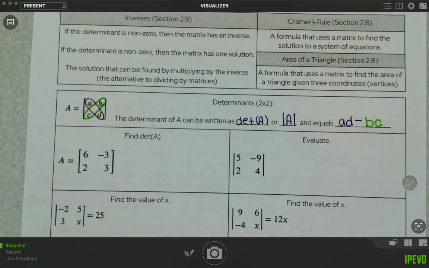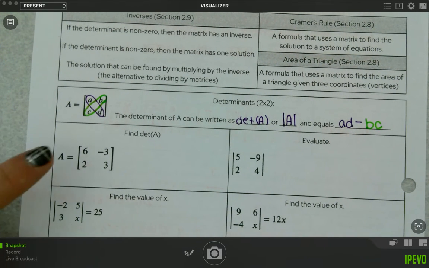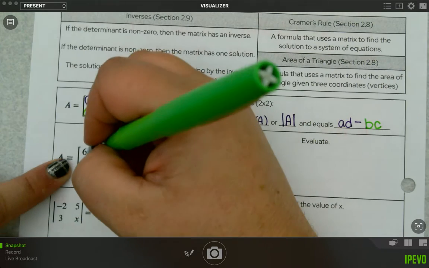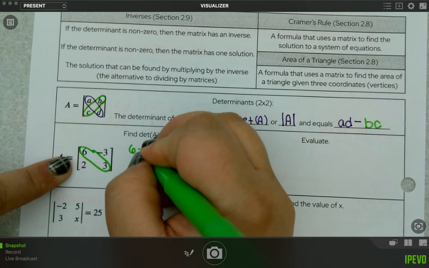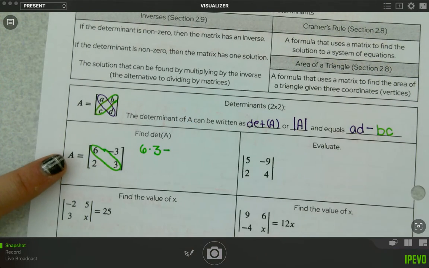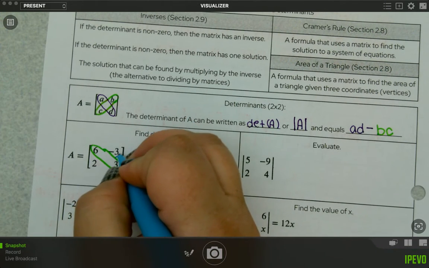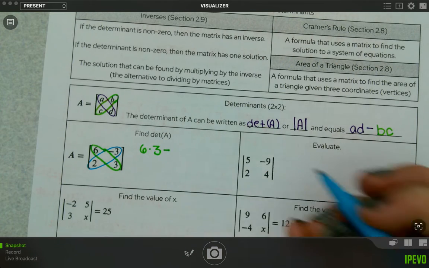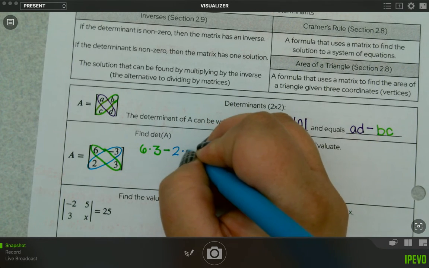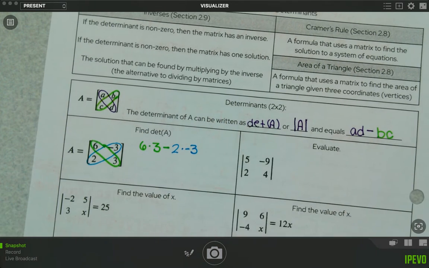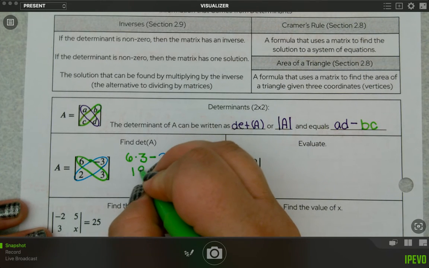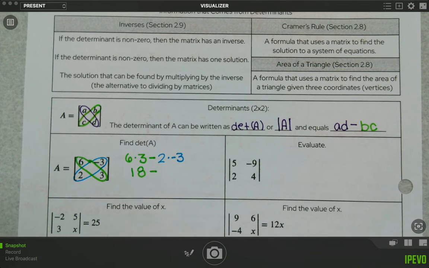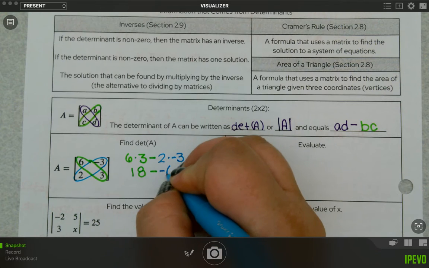Okay? So for example, the determinant of this one right here would be 6 times 3 minus 2 times negative 3. And we won't write out that multiplication every single time, but I'm doing it just for this first one. So 6 times 3 is 18, minus 2 times negative 3 is negative 6.